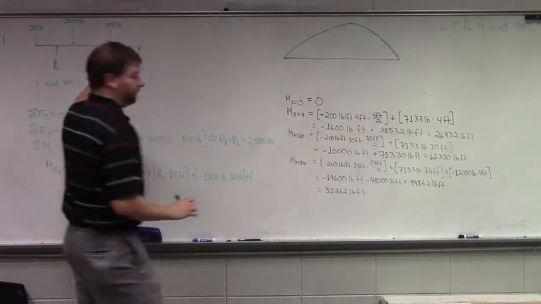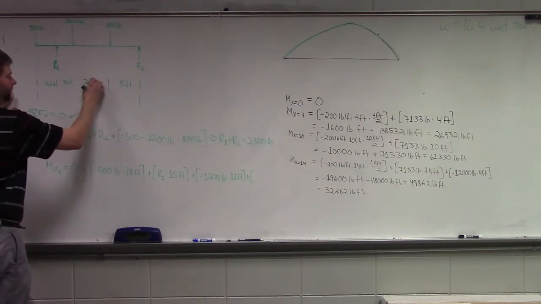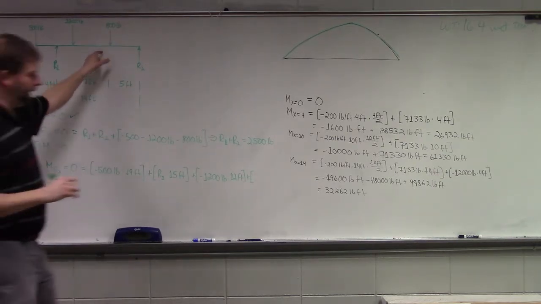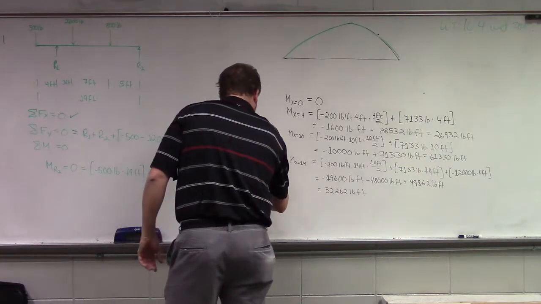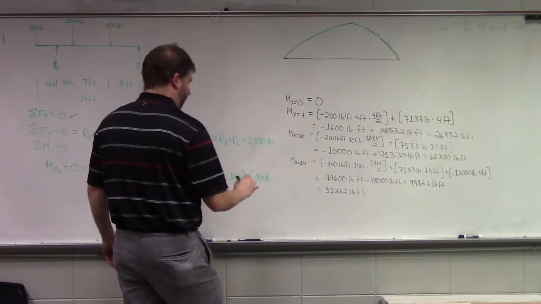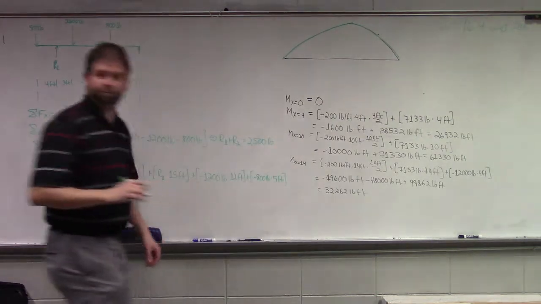Wait, what was 15? R1 is 15 feet away. We have 7 feet in, so you have to take that in. Then the 800 pounds at negative 800. How far away is it? 5 foot.